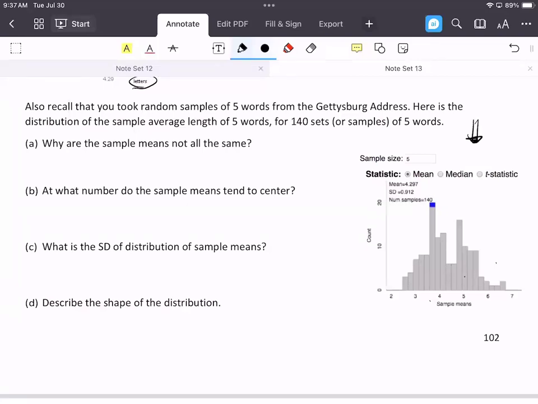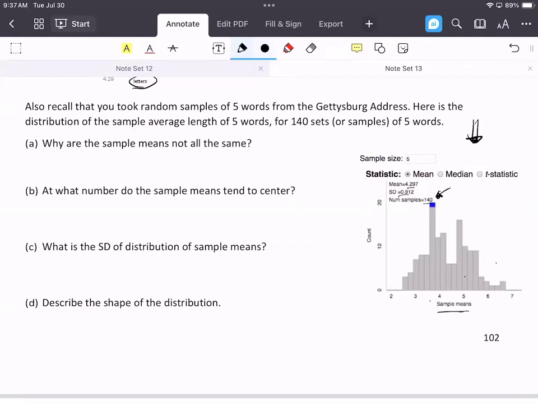So there are 140 samples total in here, and these are the average lengths. This last one in blue is the average length for that last sample that was drawn. You notice the mean is 4.297, standard deviation is 0.912, and the number of samples drawn is 140.